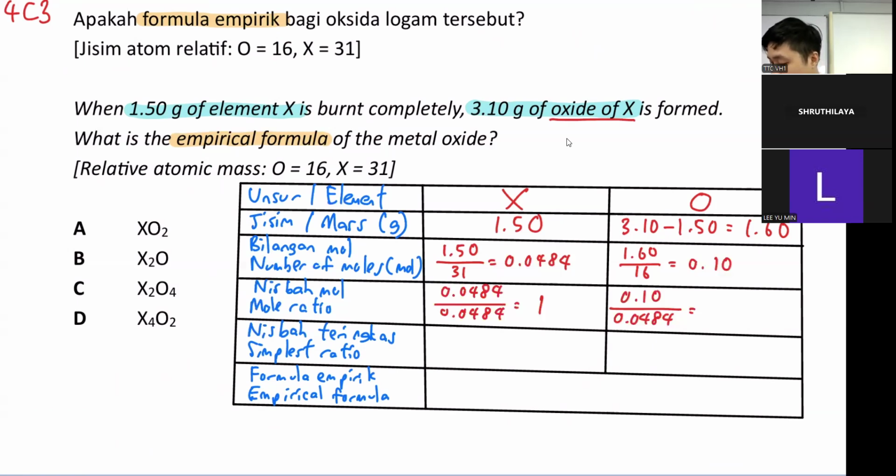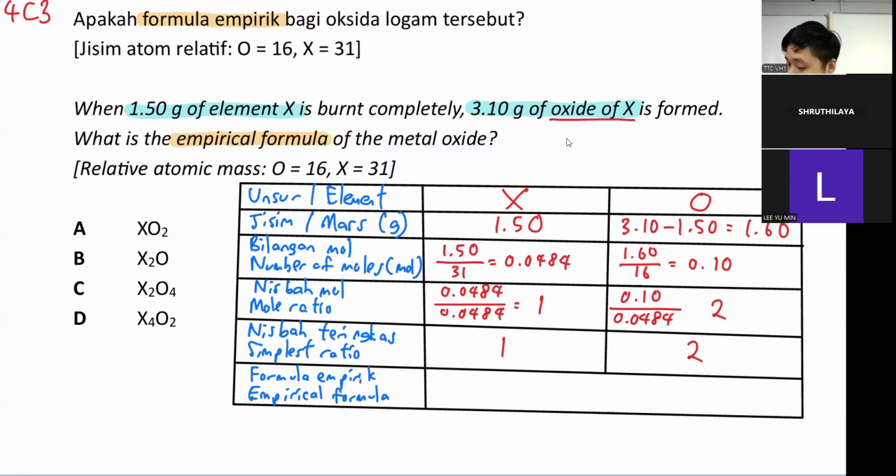For oxygen, you will get around 2.0, about 2.02, 2.06. No decimals, so you round off.